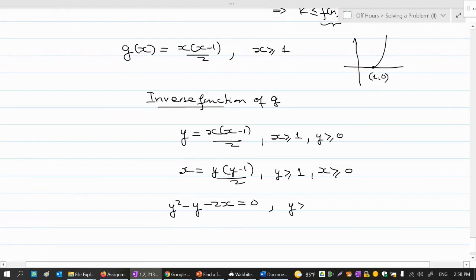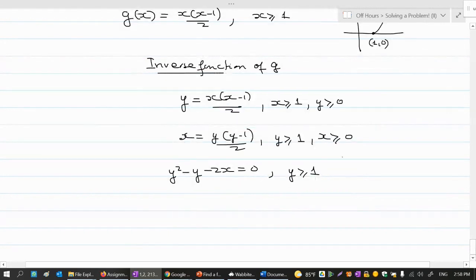And remember that y has to be greater than or equal to 1, and x must be greater than or equal to 0. Now we are going to solve this equation using the quadratic formula. Using the quadratic formula, y is going to be 1 plus or minus the square root of 1 plus 8x, all over 2.